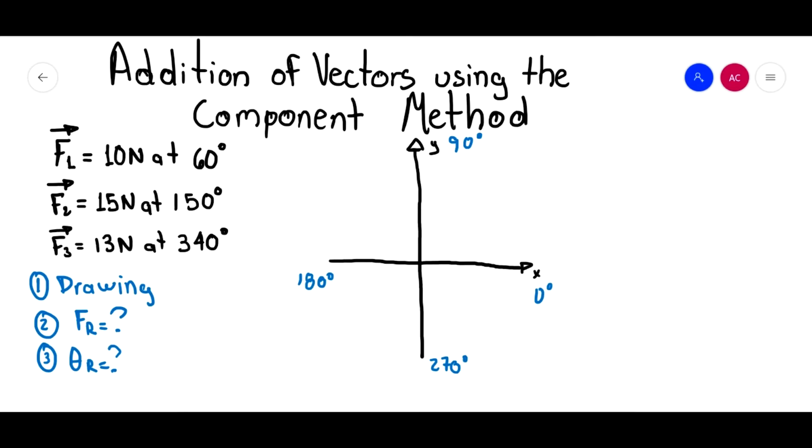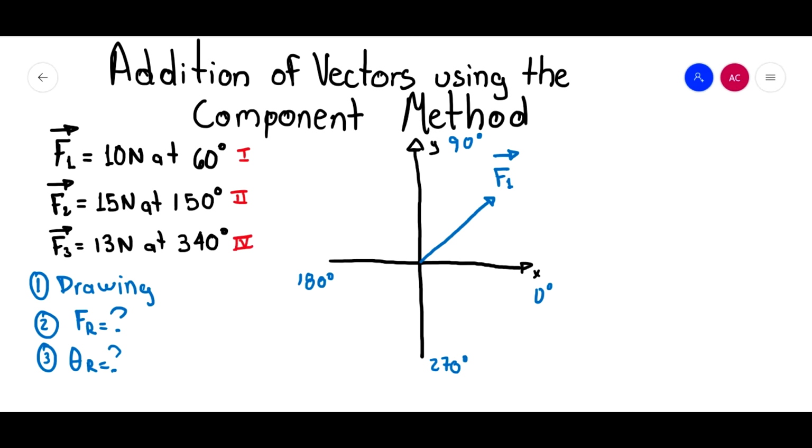So I'm going to locate those vectors in the Cartesian plane. The force 1 is in the first quadrant, so this is the vector F1. Let's write that this is in the first quadrant, this is in the second quadrant, and this is in the fourth quadrant, because of the angles.